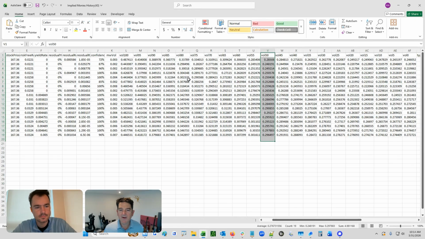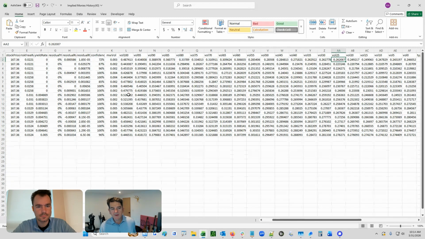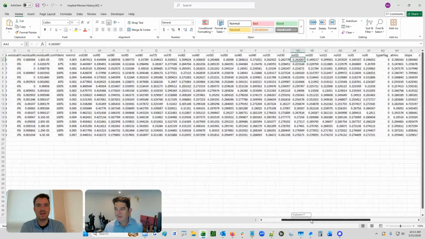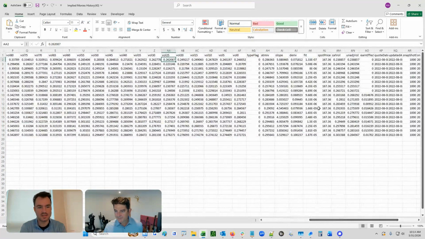If you want to calculate like the 75 or 25 delta, or do something like that for each month, you could do that. But this is important for that, Tyler. Yeah, this is what I really like about the API, it gives you a lot more than just the strikes. It really augments what you get, and this is pretty unique to ORATS as well.